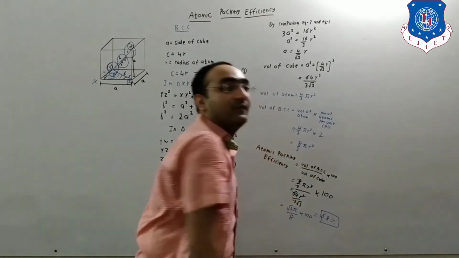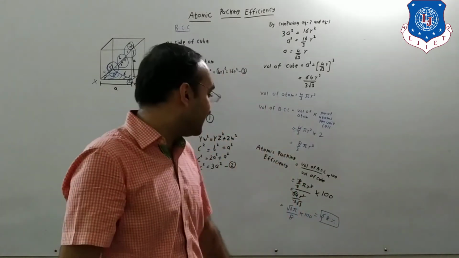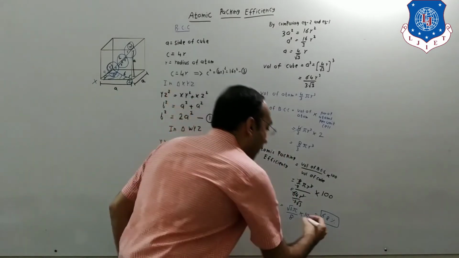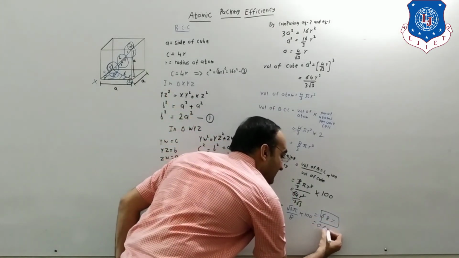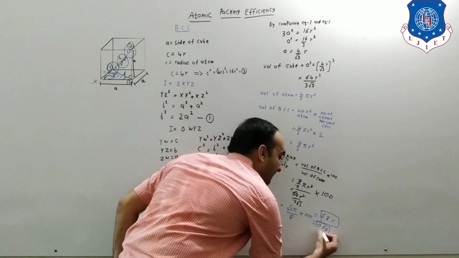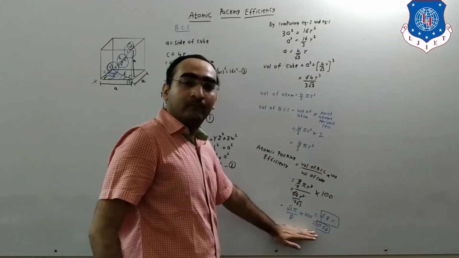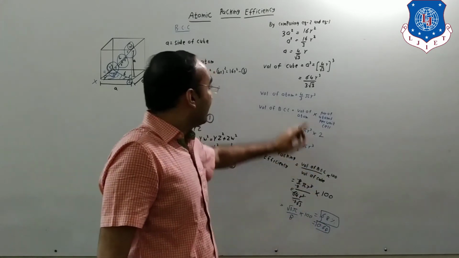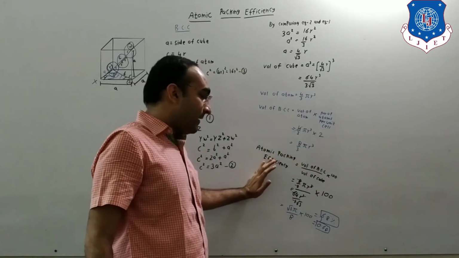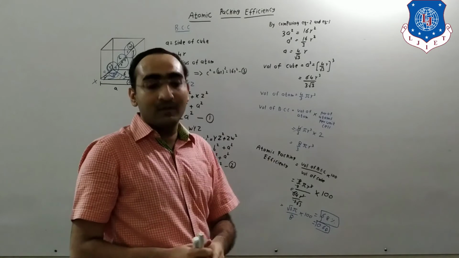So packing efficiency of BCC will be 68%. Or you can write it down as 0.68 factor. Clear? So in this way we can find the atomic packing efficiency of the BCC structure.